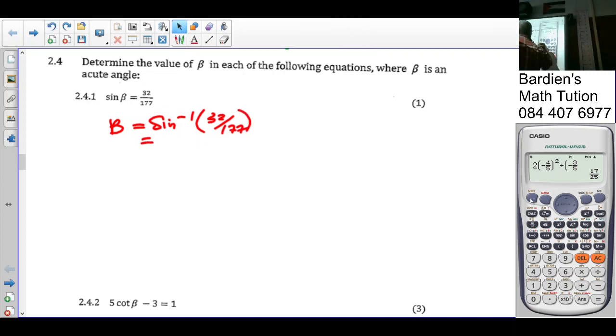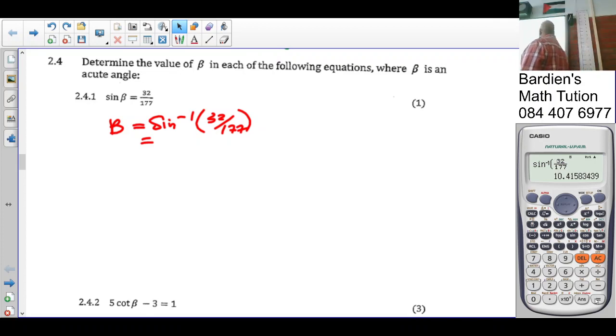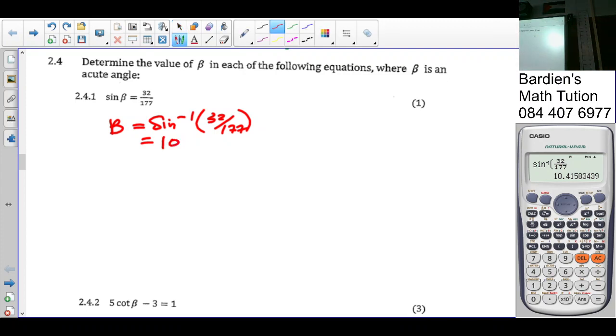Then you calculate the shift side: 32 over 177. You take 42. You will agree with that? Again, they didn't specify to 1 decimal place, so it's going to go to 2 decimal places. You all okay with that?